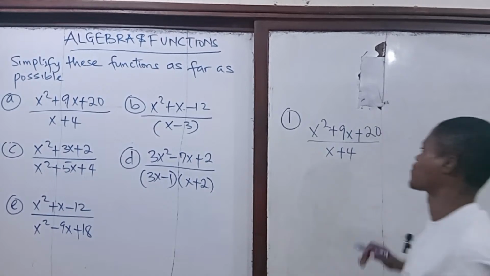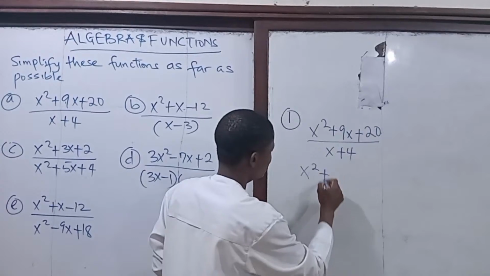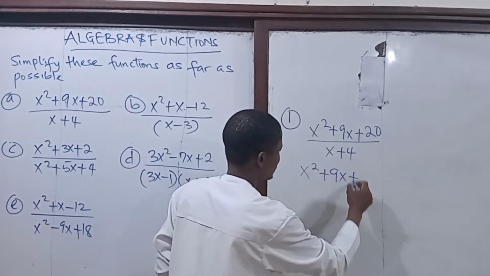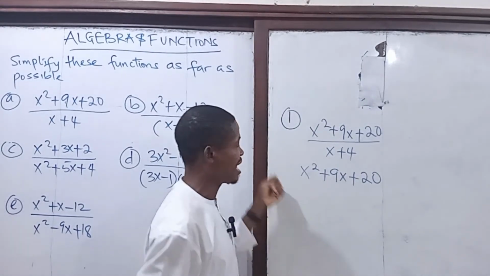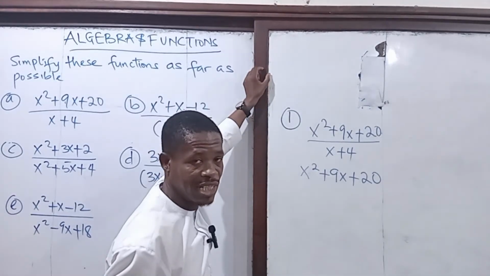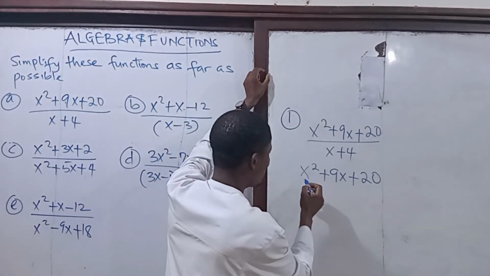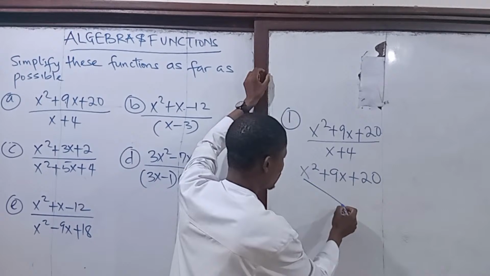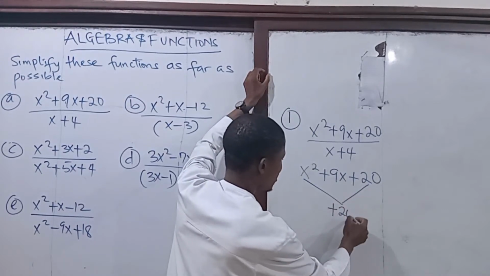Let's see that. This quadratic, we're going to factorize it. How do you do that? You multiply the coefficient of x squared with the constant, and that will be 20x squared.